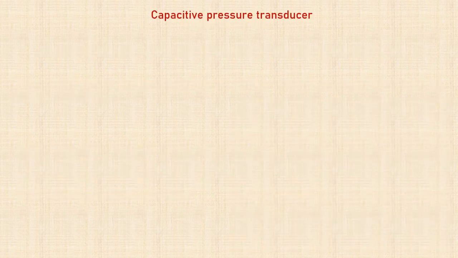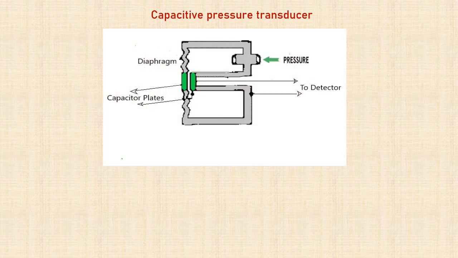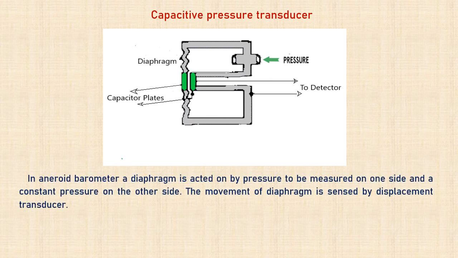Now let us see another kind of pressure transducer or pressure sensor. Capacitive pressure transducer, we call this. Students, to measure pressure, we use a barometer. So this is what we call aneroid barometer, which employs this capacitive pressure transducer.